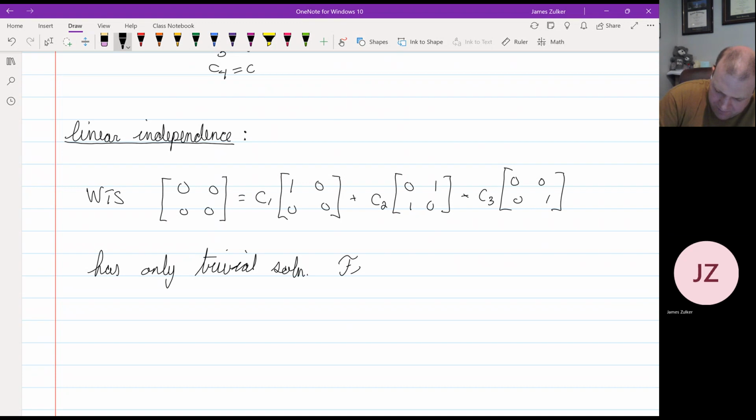Well, from above, C1 equals C2 equals C3 has to equal 0, right? Because we said that C1 has to be A, and A is 0. Both C2 and C3 have to be B, and B is 0. And then C3 had to be C, which is 0.